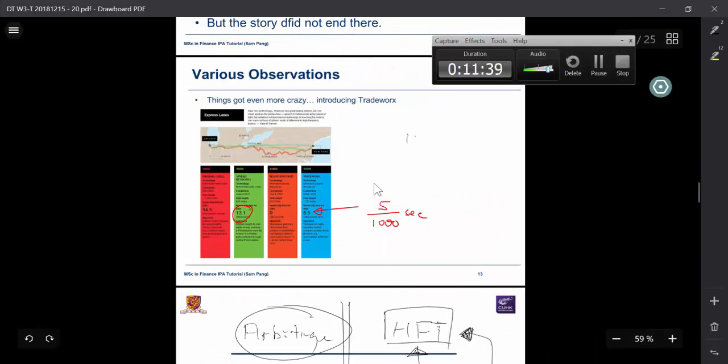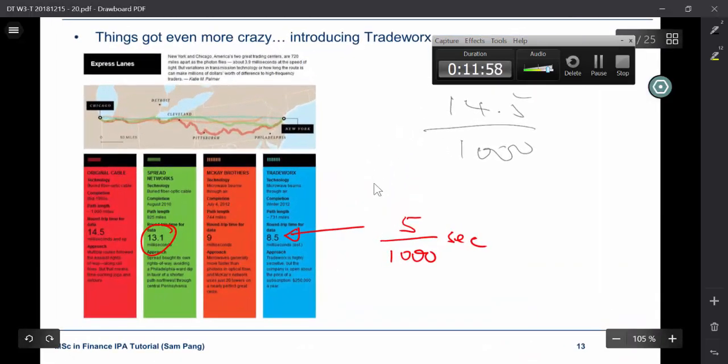14.5 milliseconds is 14.5 over 1,000 of a second. Just to give you an idea, even blinking an eye will take around 500 milliseconds. And do you remember I told you about this story?